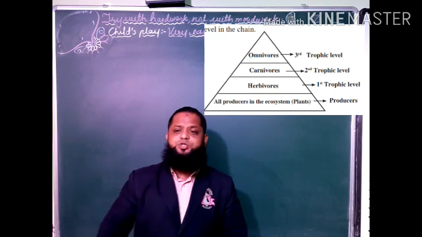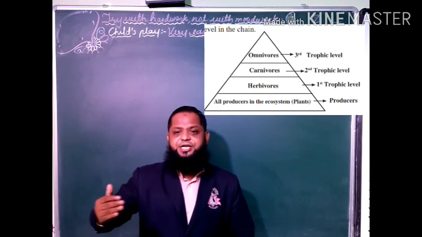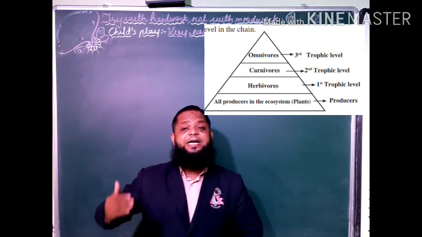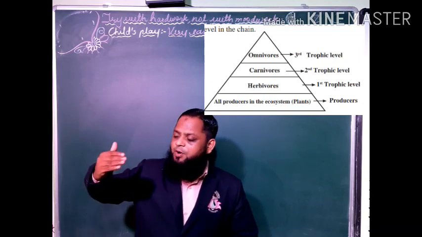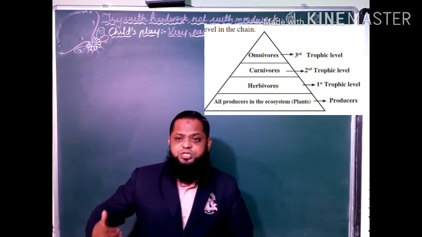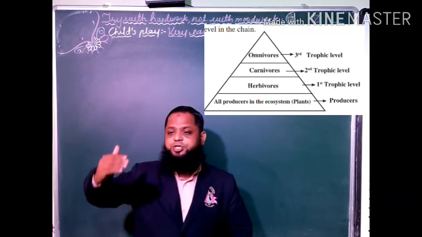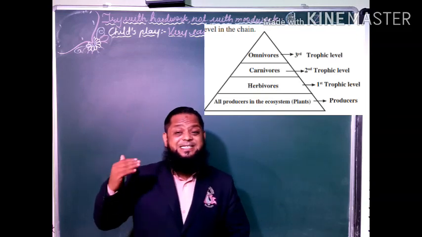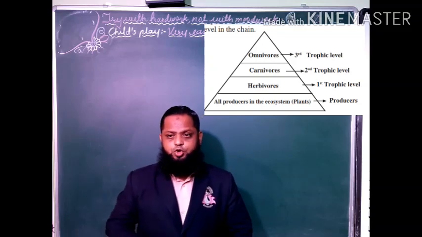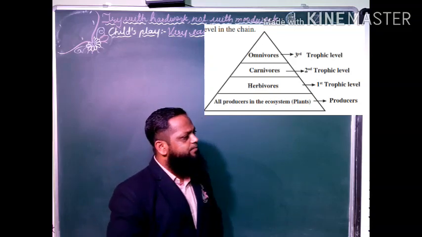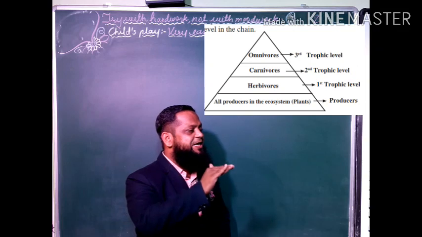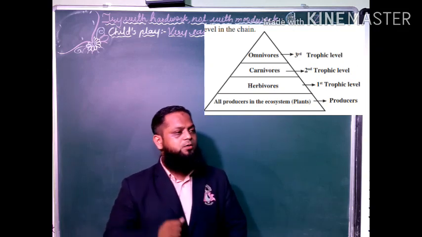So we are able to observe here the energy gradually decreasing from the bottom, from the producers to the omnivores. In the producers, the number is more, so the energy stored inside the plants is more.